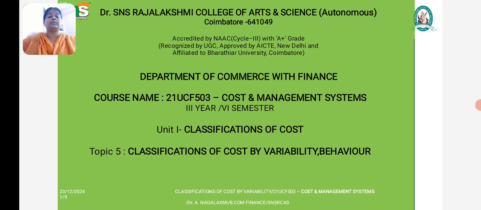I'm here to explain a concept, classifications of cost by variability and behavior. As we already saw the classification of cost by element or nature and classification of cost by functions.